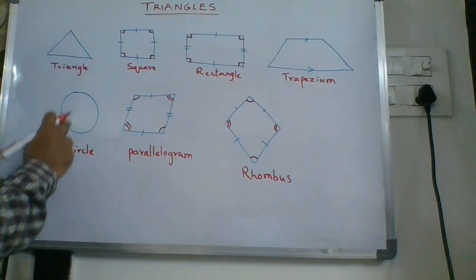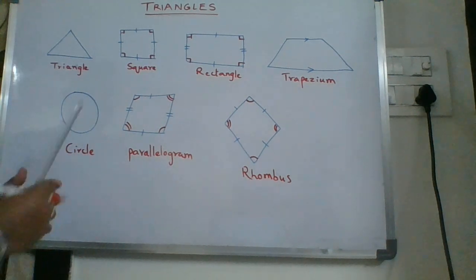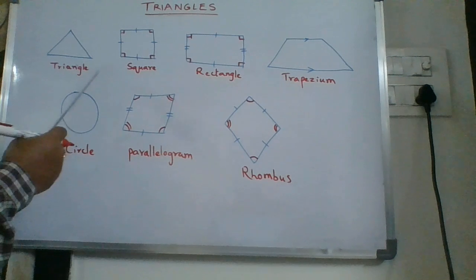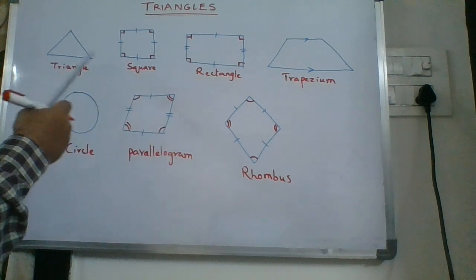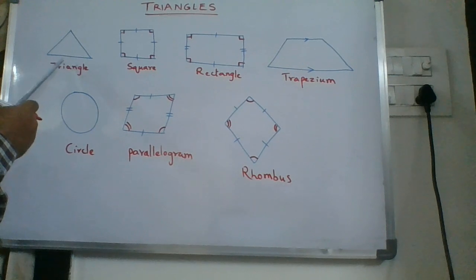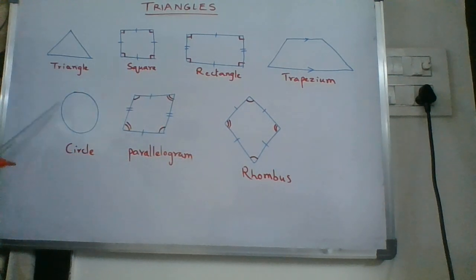Okay, and this is circle. The difference between the circle and these shapes: these are all made of line segments, whereas this is made of a curve, isn't it? Right? So triangles are made of three line segments. Okay. Next.